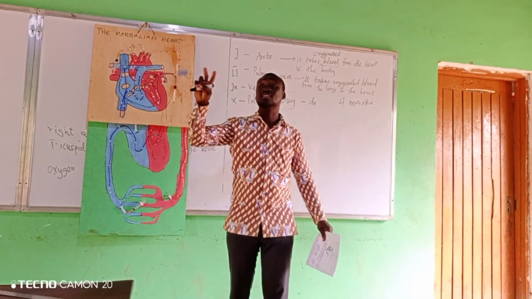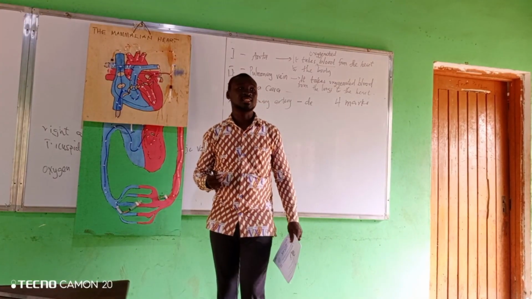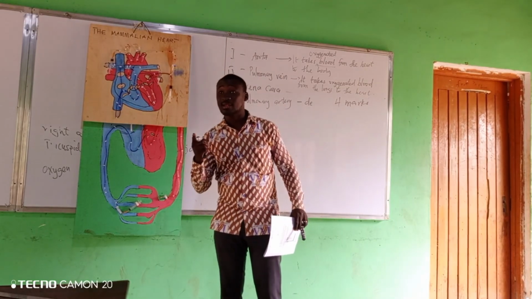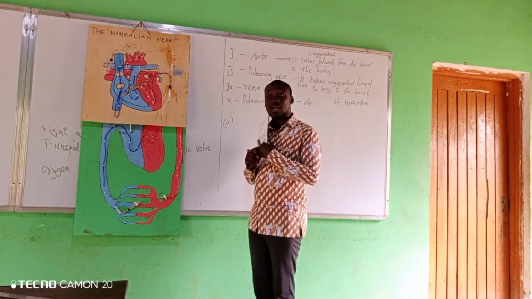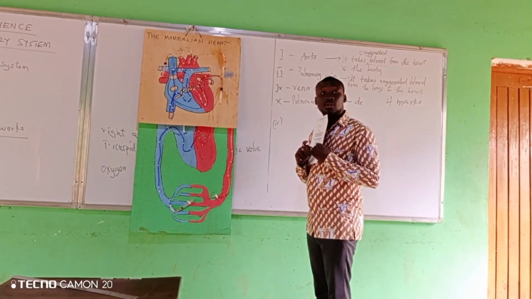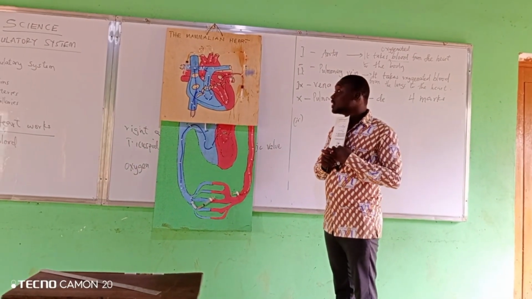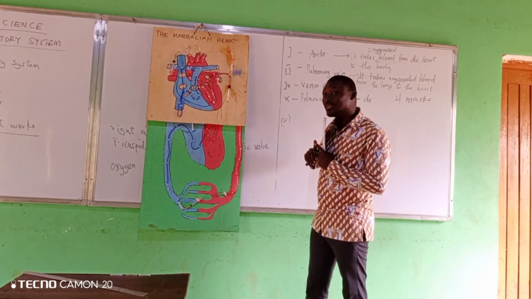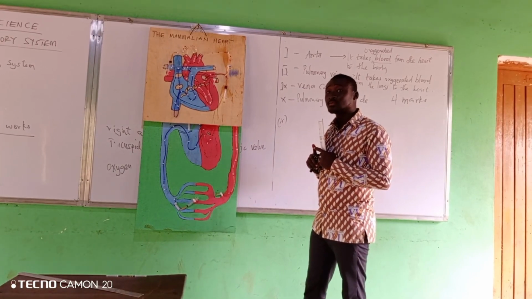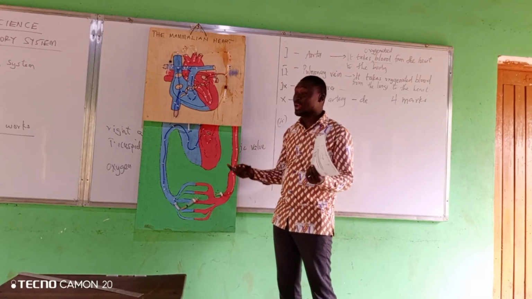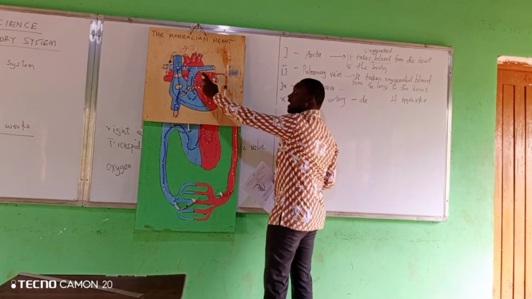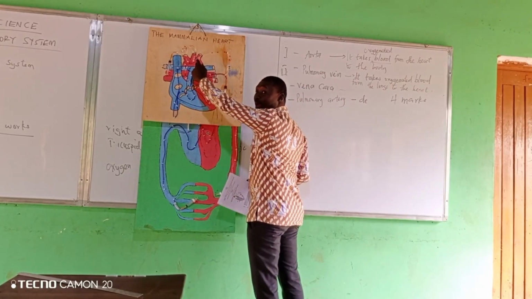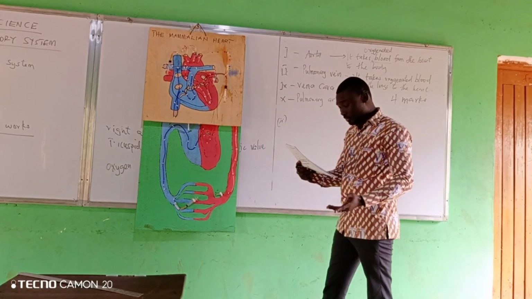The left atrium, the left ventricle, the aorta. Literally, these are the places where we have oxygenated blood.